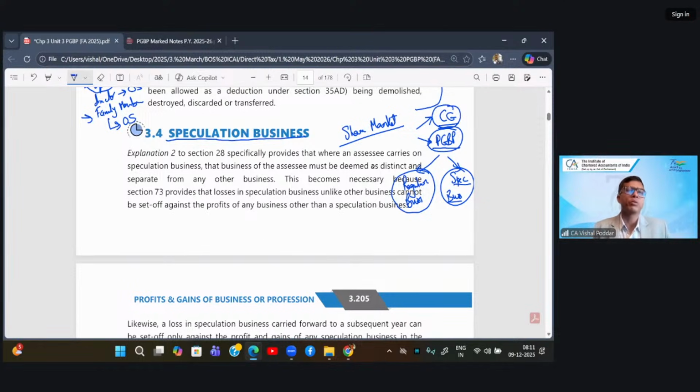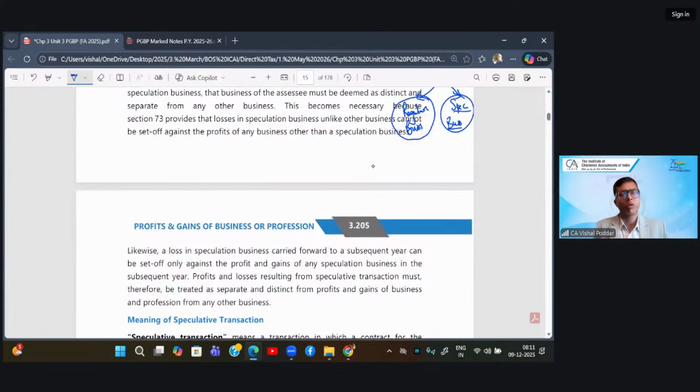Now, why do you need to segregate the business into regular business and speculative business? Because when we proceed with income tax law, you will find that there is a topic of set off and carry forward of loss. Over there, there is a very different treatment of the set off and carry forward of losses arising from speculation business.